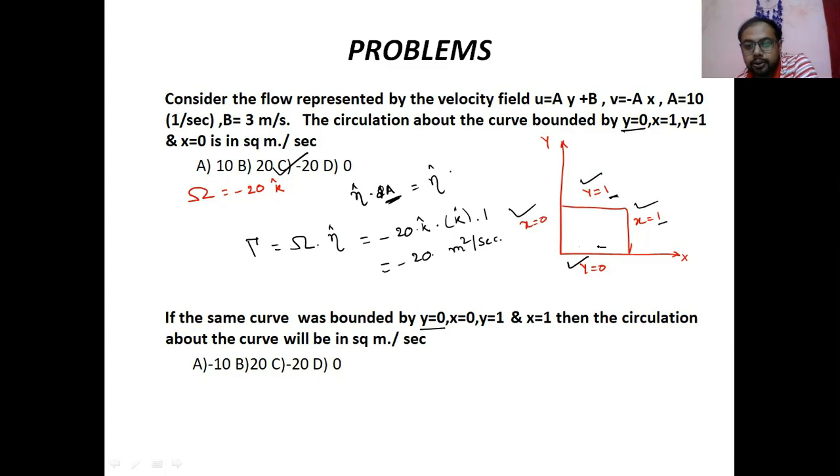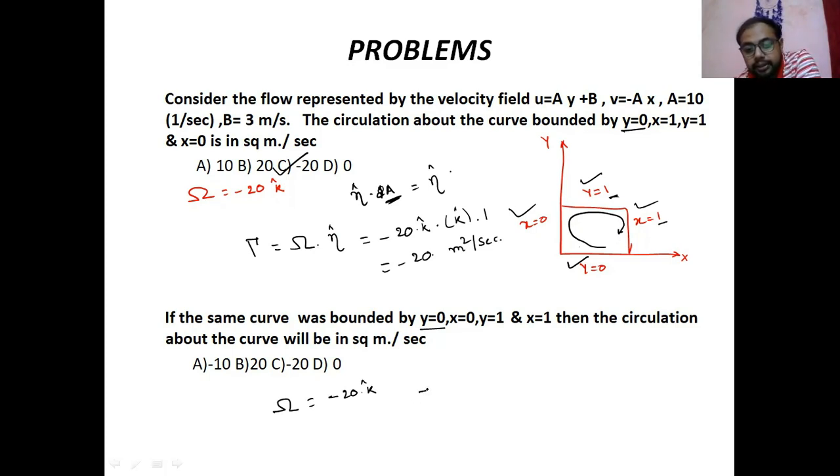Then the sense of rotation, y equal to 0, x equal to 0, is in the clockwise direction. So clockwise direction here. The vorticity vector is the same, minus 20. The same calculation you can do. The sense is different, as it is the opposite direction.